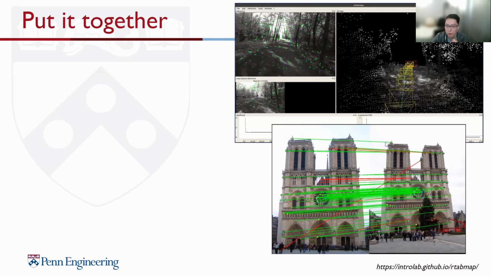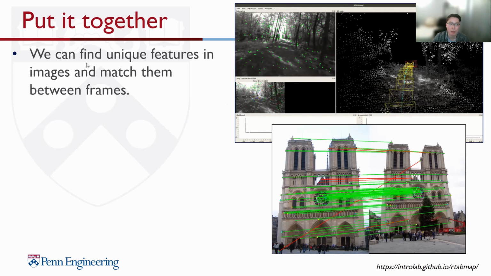So if we have all these corresponding points, we can basically tell how the camera has moved, right? And if we do it with continuous video, we'll be able to track the motion along a path.